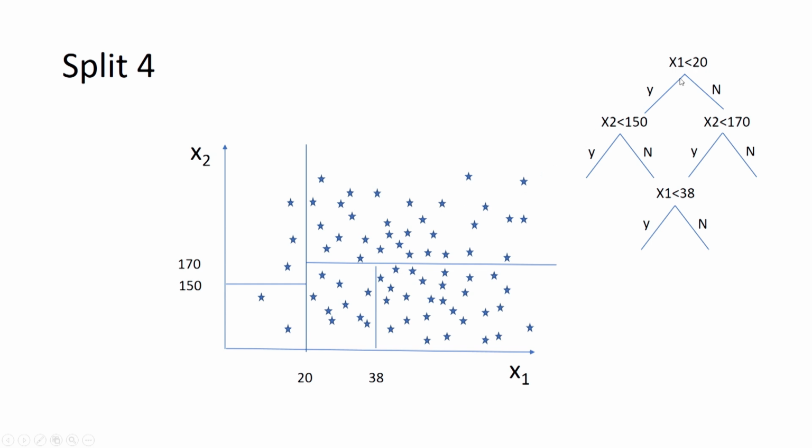We will check the x1 value of that new given instance. If x1 is less than 20, we go here. If x1 is greater than or equal to 20, we go to this node, and further we check the value of x2 for that new instance. Again, if it is less than 170, then here, or greater than or equal to 170, then here, and then this node will represent one of these subgroups.